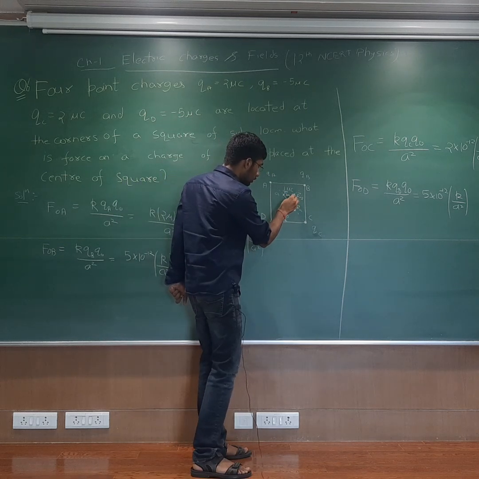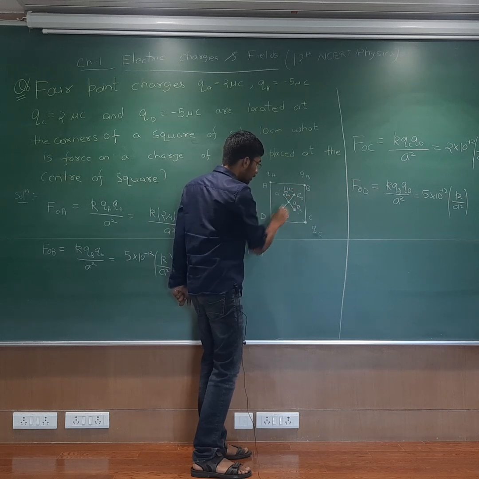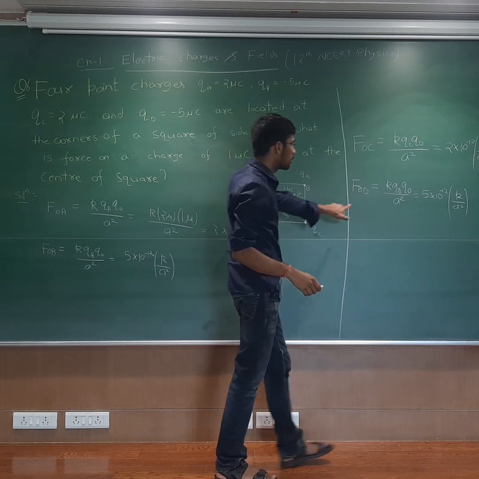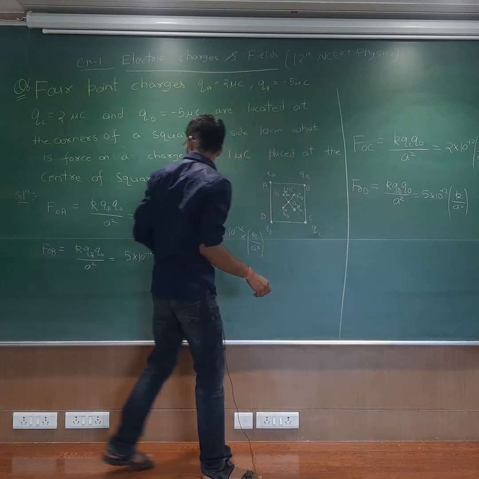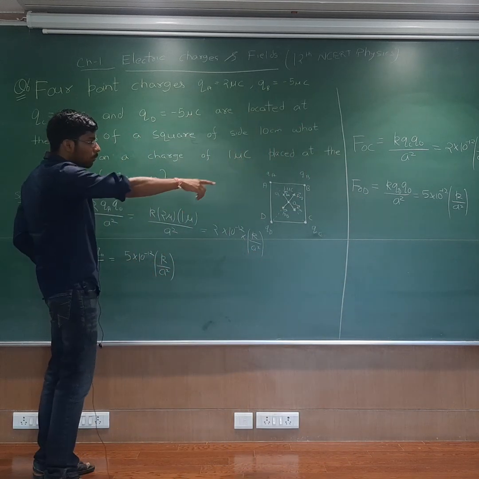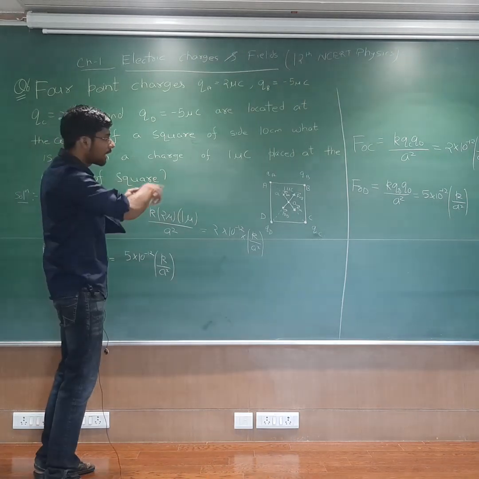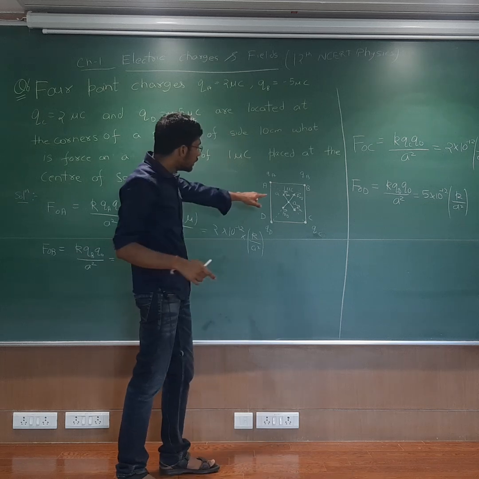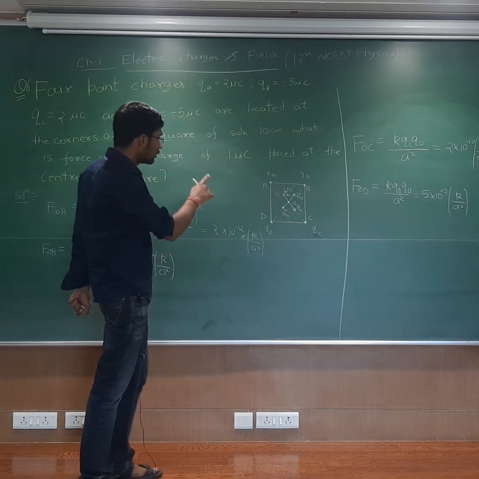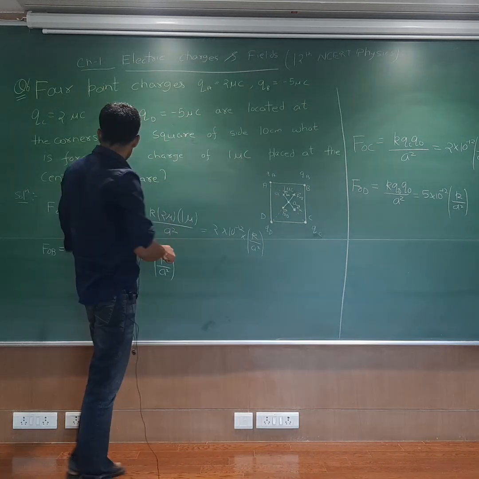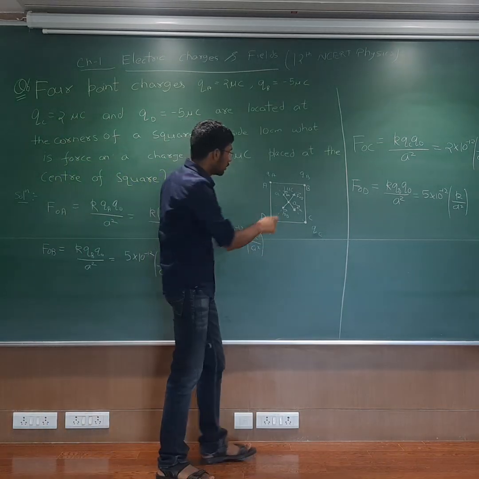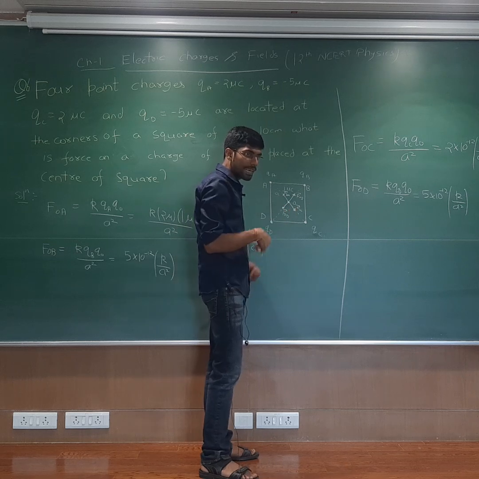Looking along this direction only, my FOD is this and FOB is this. You can see they both are of the same magnitude, but the direction is opposite. So these two forces will cancel each other. Similarly, FOA and FOC are equal in magnitude and opposite in direction. So these two forces will cancel each other.